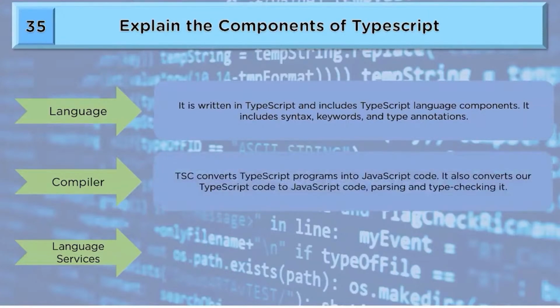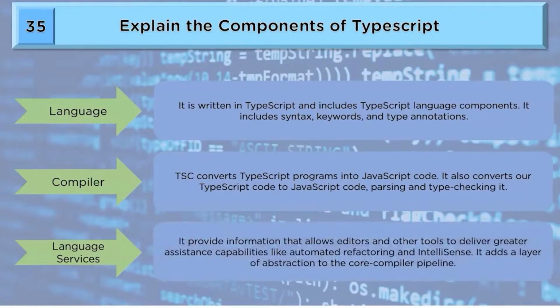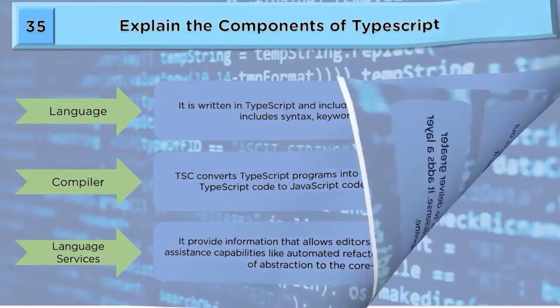Compiler: the TypeScript compiler converts TypeScript programs into JavaScript code. It also converts our TypeScript code to JavaScript code, parsing and type checking it. It provides information that allows editors and other tools to deliver greater assistance, capabilities like automated refactoring and IntelliSense. It adds a layer of abstraction to the core compiler pipeline.